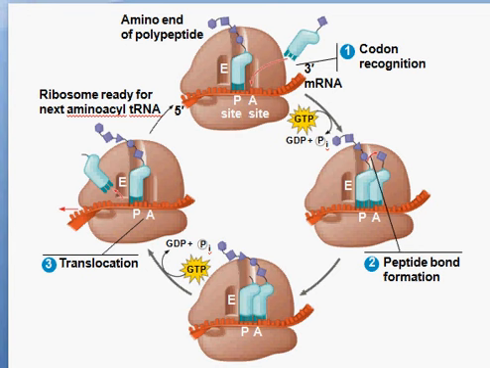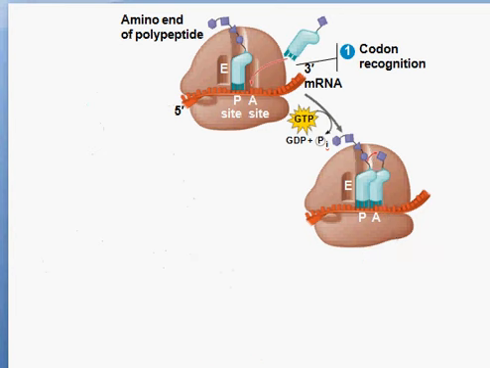Going back, one other point I wanted to bring out that I missed on an earlier slide was that there is an energy expenditure at 2 points of this translation process. So we did talk about the first one in terms of the loading of the amino acid onto the tRNA. But there's also energy required in translocation and codon recognition.